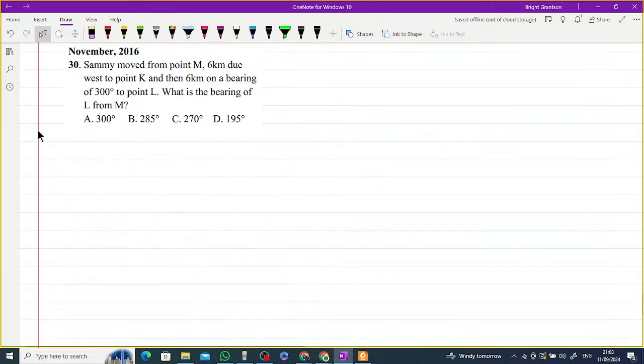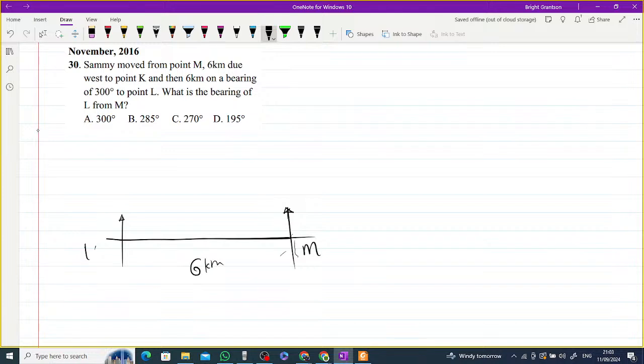The question looks funny. Sami moved from point M. So this is point M, 6 kilometers due west, to a point K. He then moved 6 kilometers on a bearing of 300 degrees.